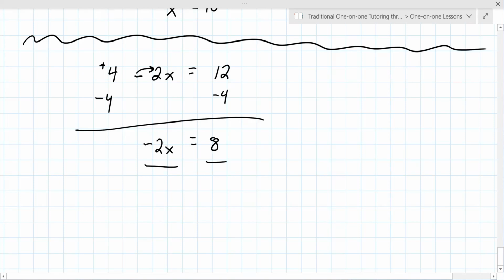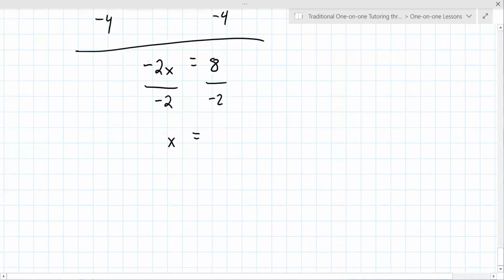What does this horizontal line mean? Negative 2. So what do you divide both sides by? Negative 2. So what does x equal? That equals negative 4. Perfect.